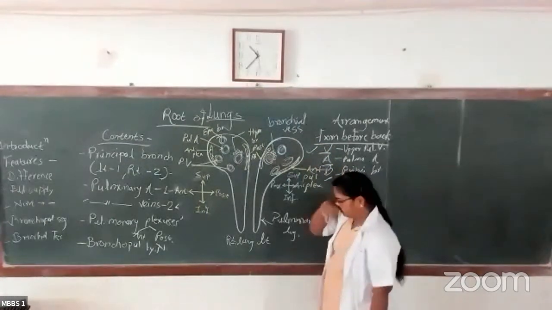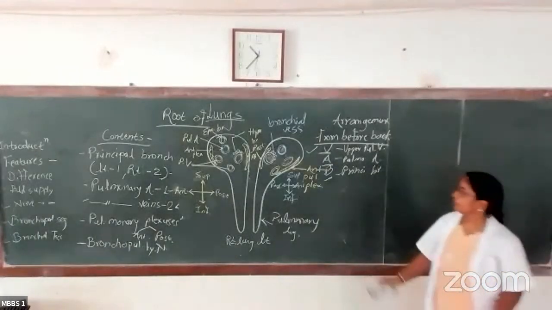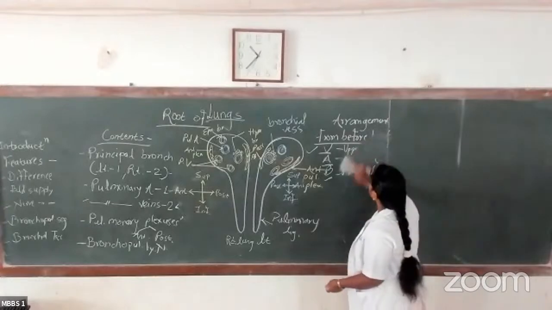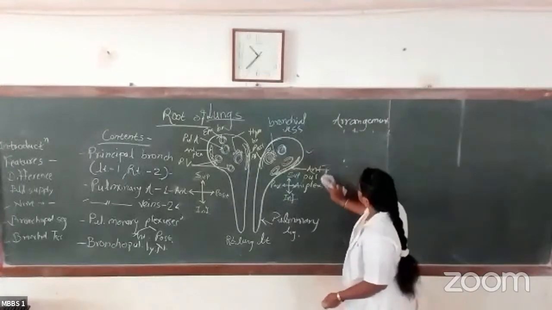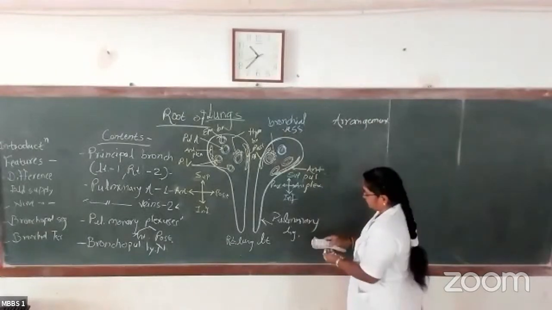Now we see the arrangement of structures in the root from above downwards. How to remember?